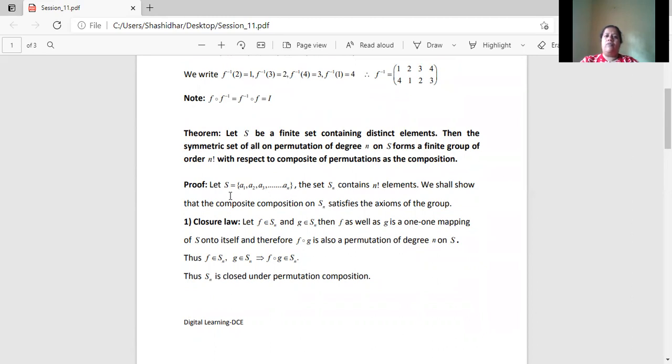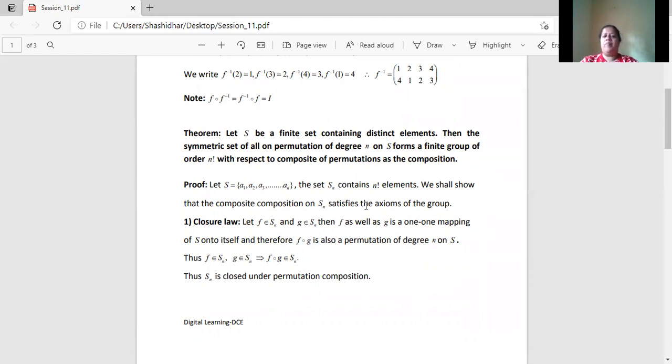We have a finite set S and the symmetric set Sn contains n factorial elements. And we shall show that the composition on Sn satisfies the axioms of the group. That is what I told you. To become a group, it has to satisfy the four axioms.